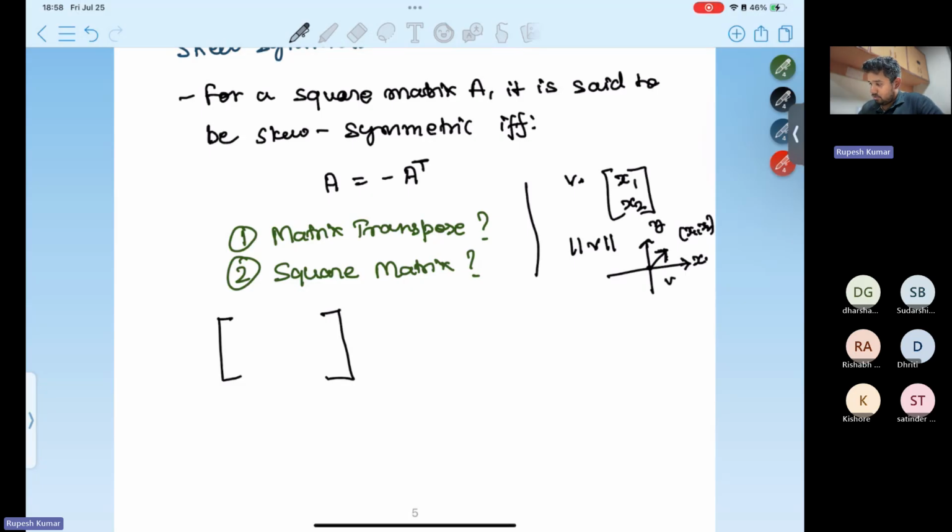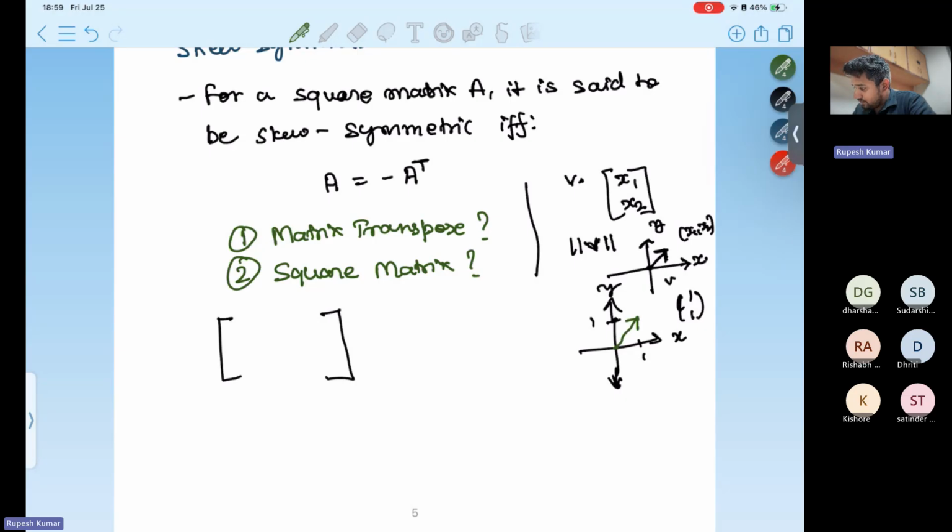which has a magnitude given by the norm of v and the direction that this ray points to, right? For example, let's say we have the vector 1 comma 1. You choose the point 1 comma 1 on x and y, with the origin as the starting point, and draw a ray from the origin to the point 1 comma 1.